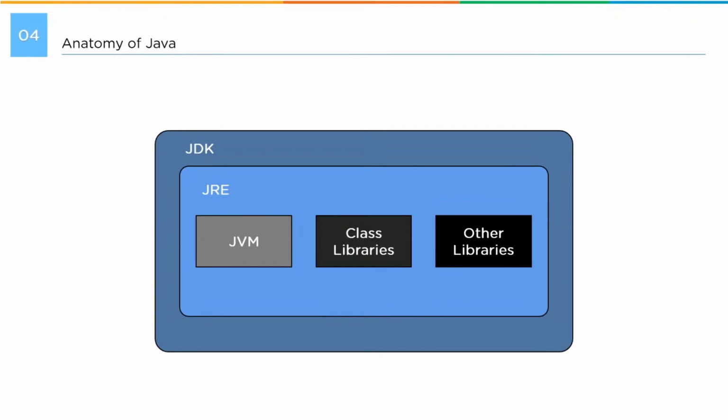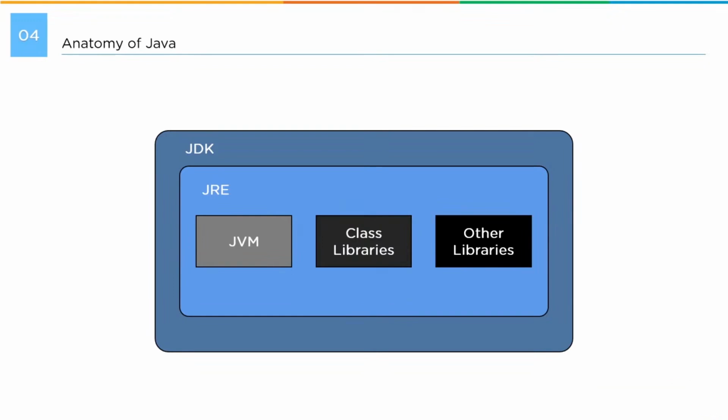This is what you're going to install on your machine. Once the JDK has been installed, it will provide a lot of other components as well, like Java Runtime Environment or JRE, Java Virtual Machine or JVM, some class libraries, and some other supporting libraries.